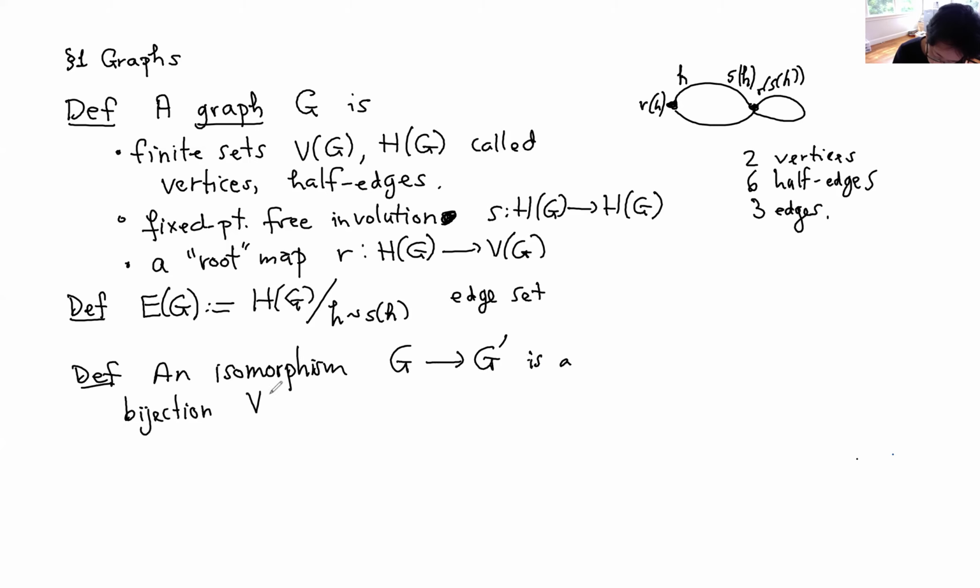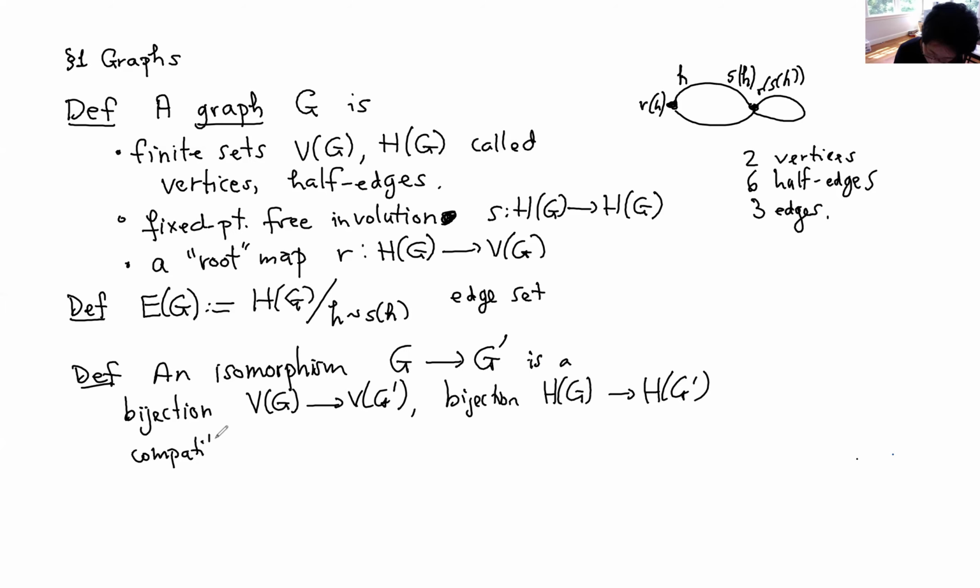So it's a bijection from V of G to V of G prime, and a bijection from H of G to H of G prime. And I'll just write maybe compatible with the gluing data. So S, the maps S and S prime and R and R prime. Okay? Everyone good so far?